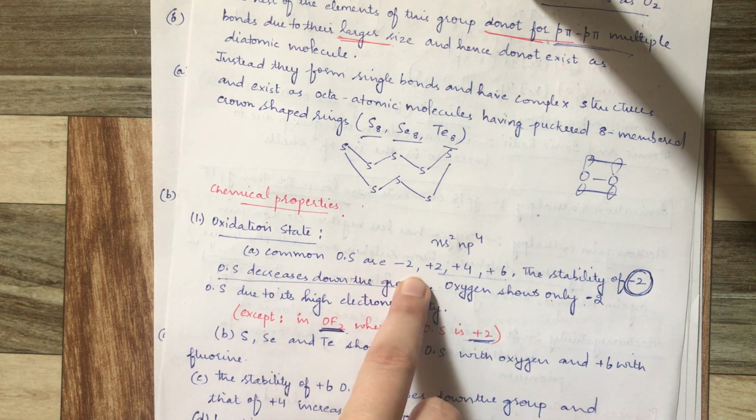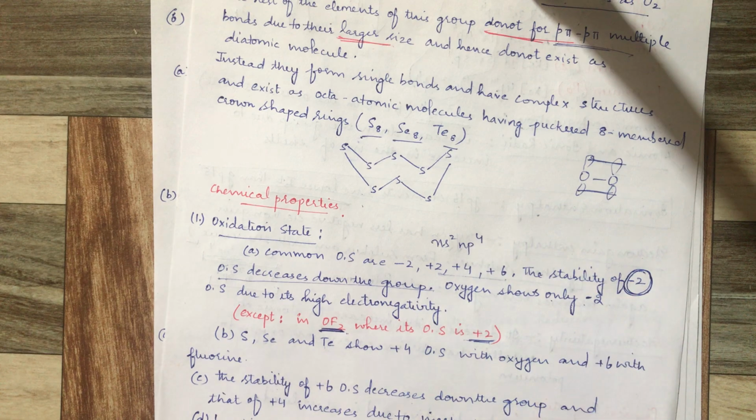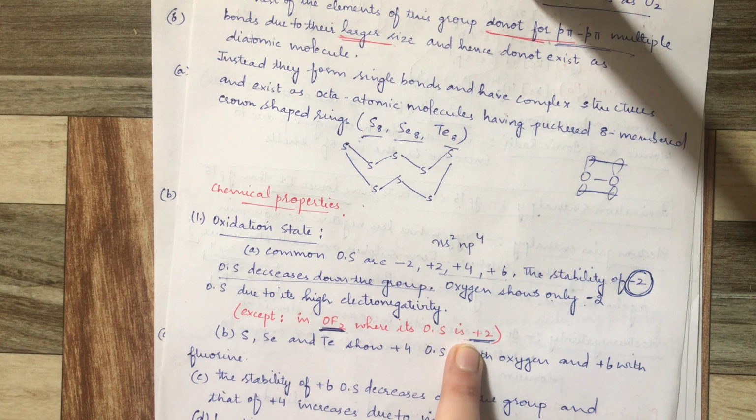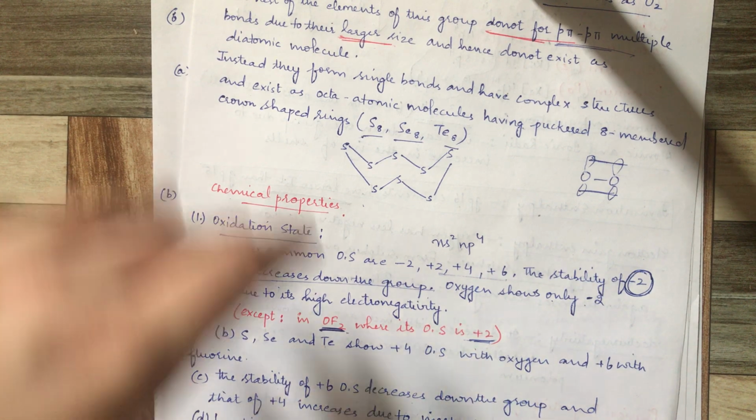The stability of the -2 state decreases down the group because the metallic character increases. Oxygen among these elements shows only the negative oxidation state because it is highly electronegative, except when it is with fluorine in OF2, where its oxidation state is +2.